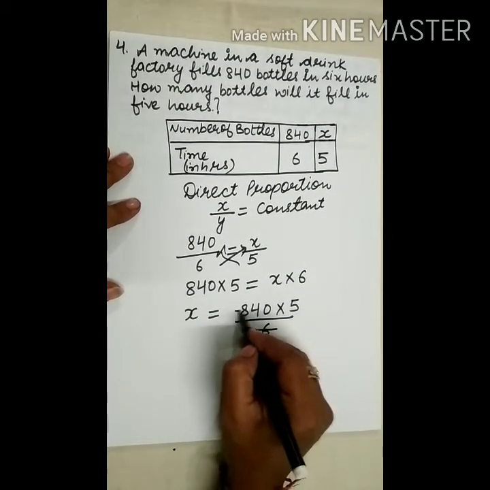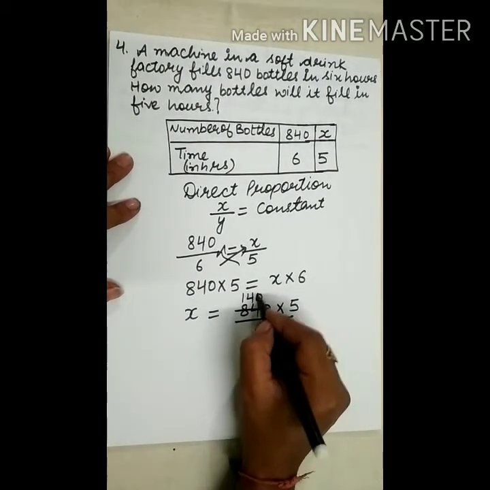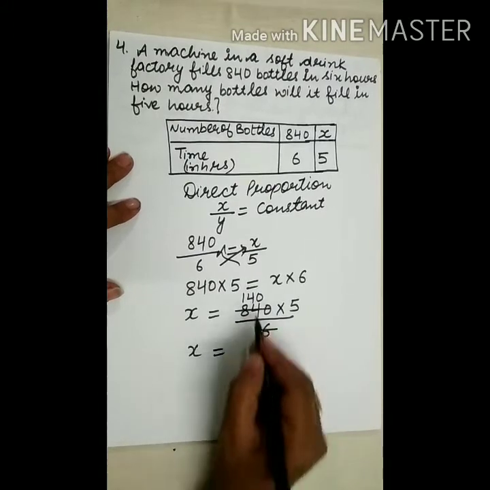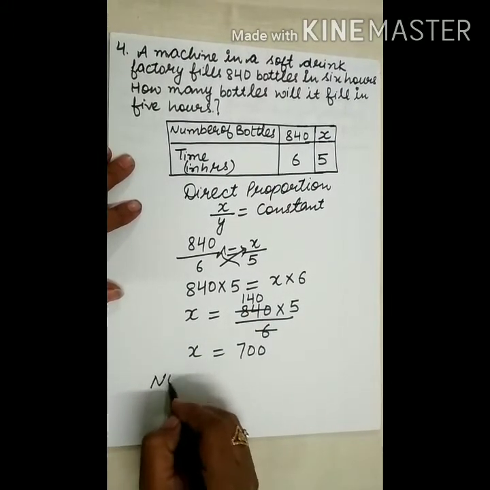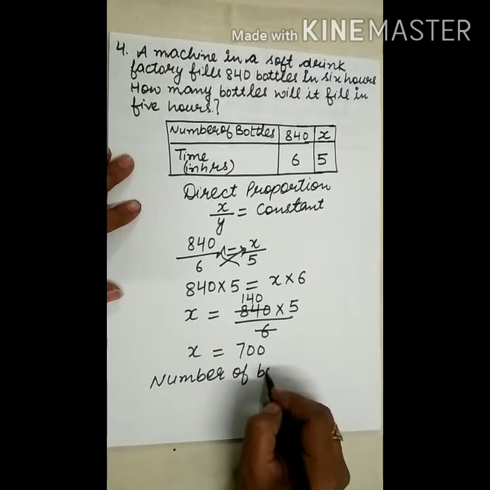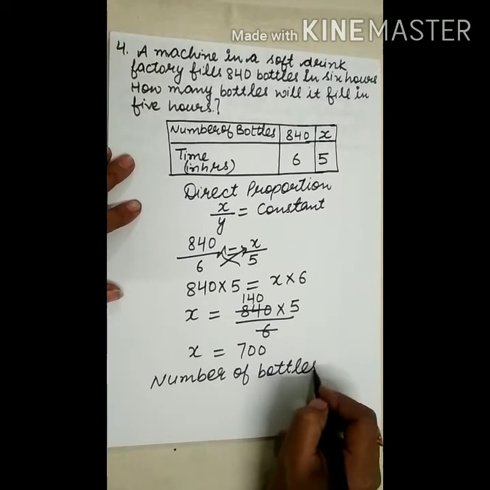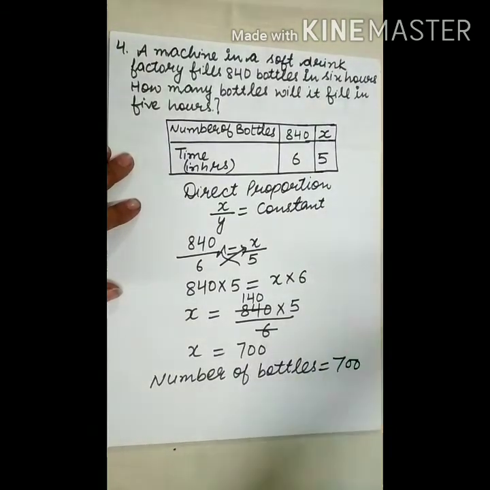Now 14 6 the 84, so 0, and 14 5 the 70, 700. It means number of bottles will be equal to 700. 700 bottles will be filled in 5 hours.